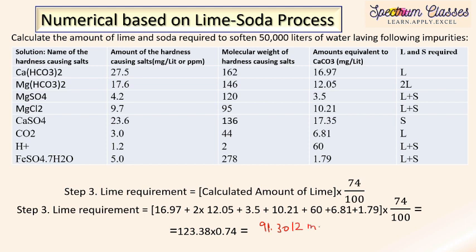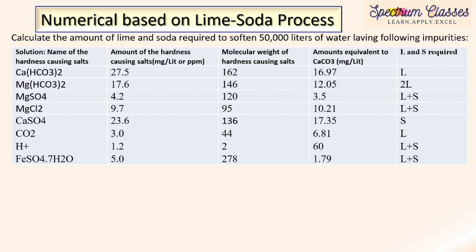This will be equal to 91.3012 milligrams per liter. For 50,000 liters, what we need will be multiplied by 50,000. This is in milligrams, and we will get 4.57 kilograms. Okay, so this will be the answer for lime. Similarly we can do it for soda.